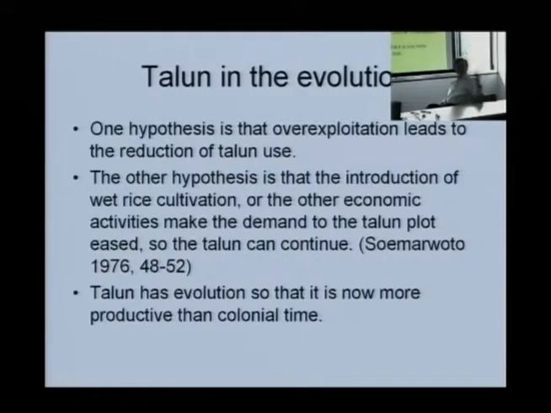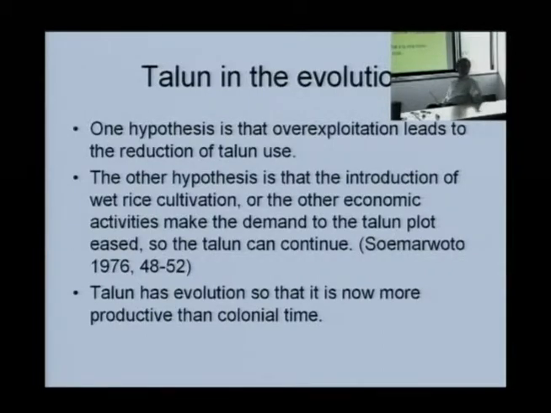Swidden agriculture has been practiced from colonial times until now in Indonesia. If swidden agriculture cannot produce more, people will abandon it because people need more livelihood from the land. So people cultivate wet rice, or palm oil, or other crops, coffee and so on.